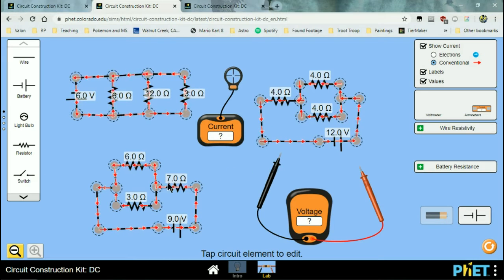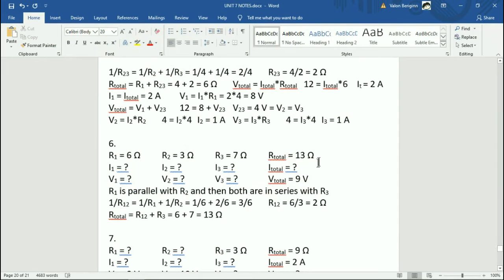I did put that one right on this one, right? 60, yeah, okay. Just making sure I had the numbers right there. So then we can get the current. We have 9 equals I, I'll say T just to save space, times 13.